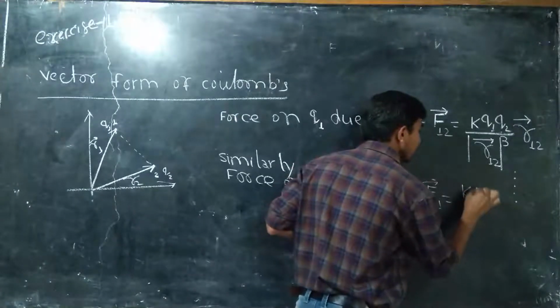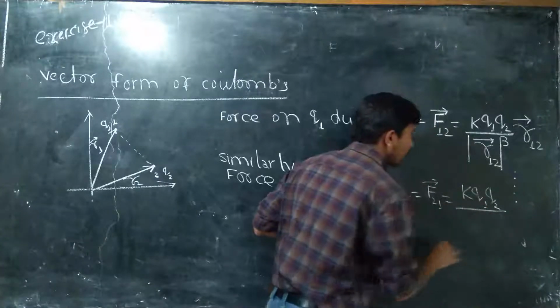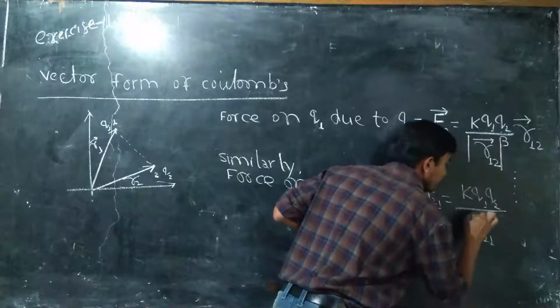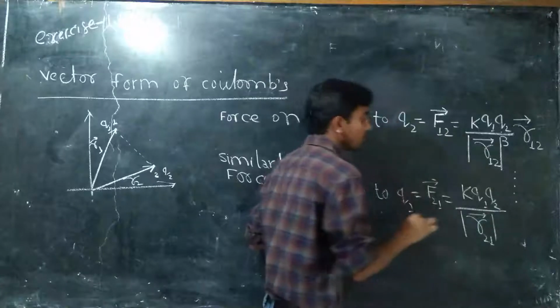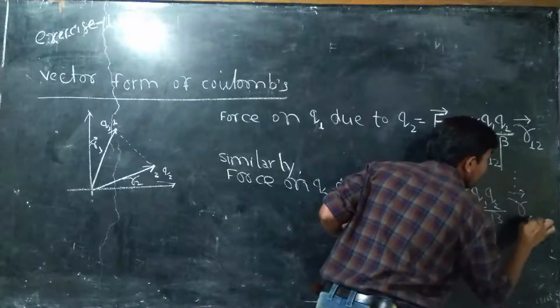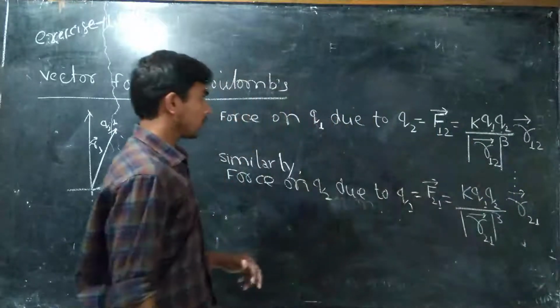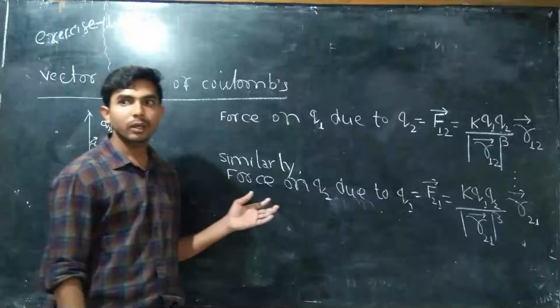And that will come K Q1 Q2 by magnitude of position vector of 2 with respect to 1 to the power 3, and position vector of 2 with respect to 1, right? So these two formulas you have to remember to find force in vector form, right?